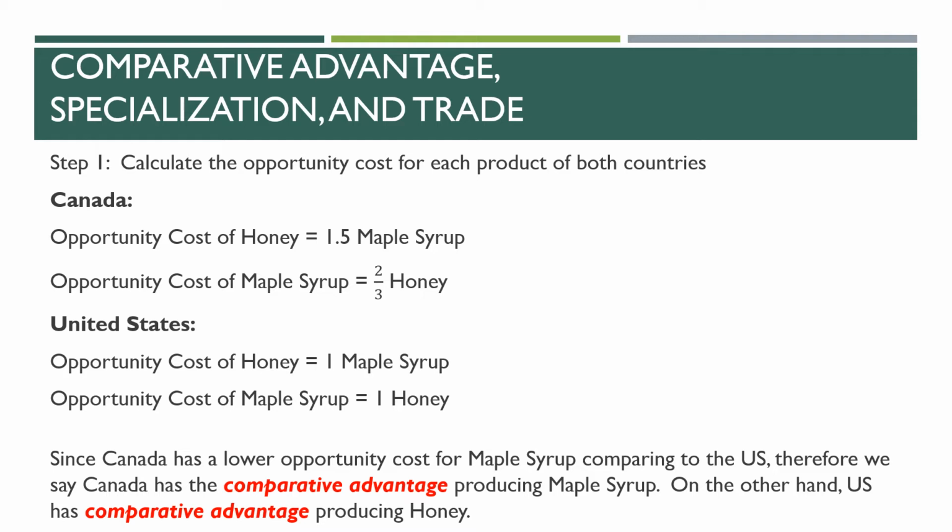So therefore, we say that Canada has the comparative advantage to produce maple syrup in this case. On the other hand, the United States has the comparative advantage to produce honey because they have a lower cost compared to Canada to produce honey.